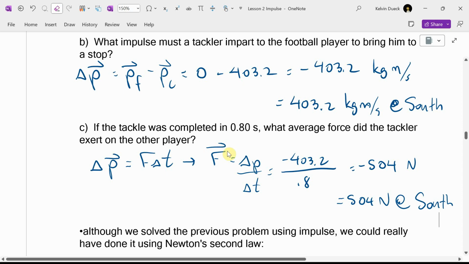What if I want to bring, because that's a fairly long time, that meant this person continued to gain yards. What if I want to bring this person to a stop quicker? If this number gets smaller, what's going to happen to this answer? Because I still got to get rid of all their momentum. And again, it's kind of Captain Obvious, but if I want to bring you to a stop faster, I have to hit you harder.